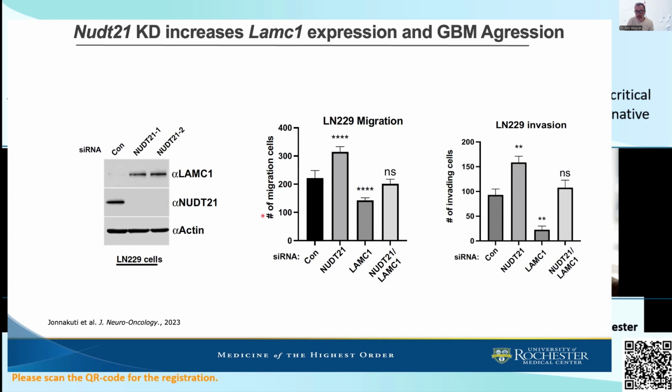When we look at biological outcomes in vitro, for example migration or invasion of those tumor cells, we see that they are enhanced when NUDT21 goes down, again consistent with it being a tumor suppressor, but that can be rescued if we now knock down LAMC1 with RNAi. So that suggests that one of the important targets of NUDT21 driving that metastatic behavior of glioblastoma is at least through LAMC1.